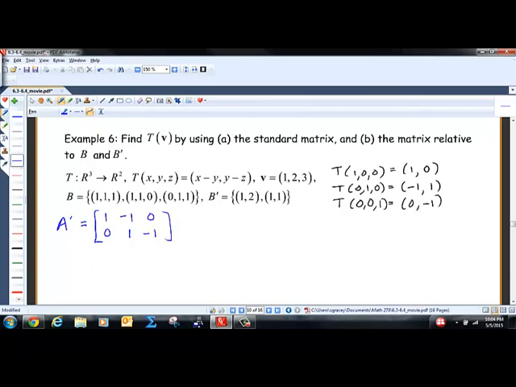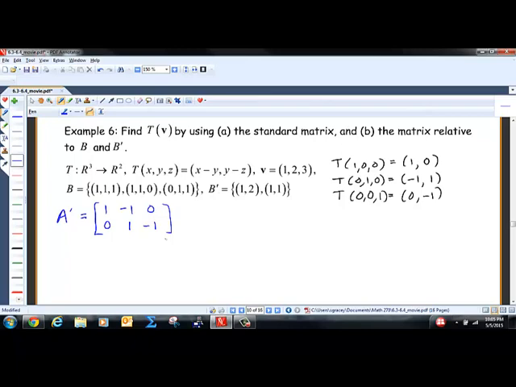Okay, so far? Awesome. So now we're being called on to find what exactly is this linear transformation, right? So how would we find that? Good.